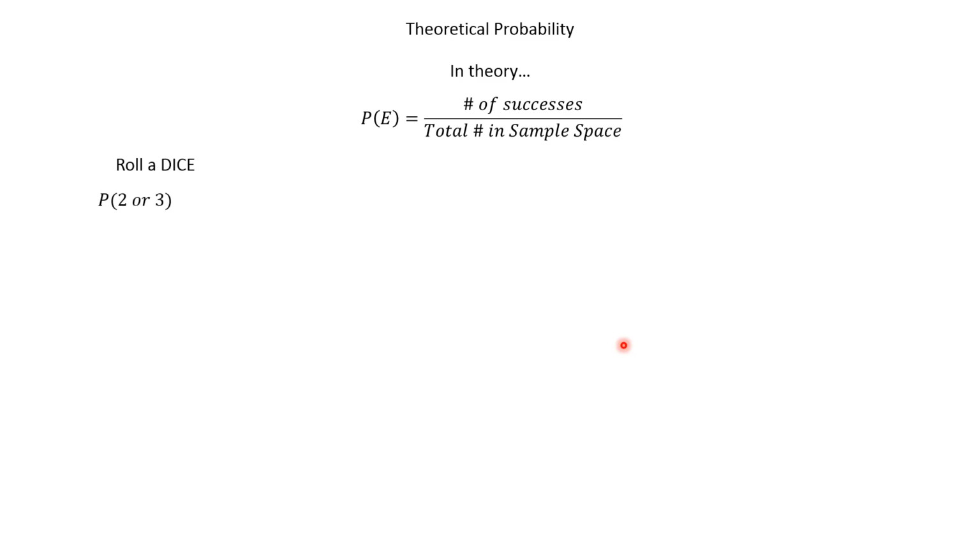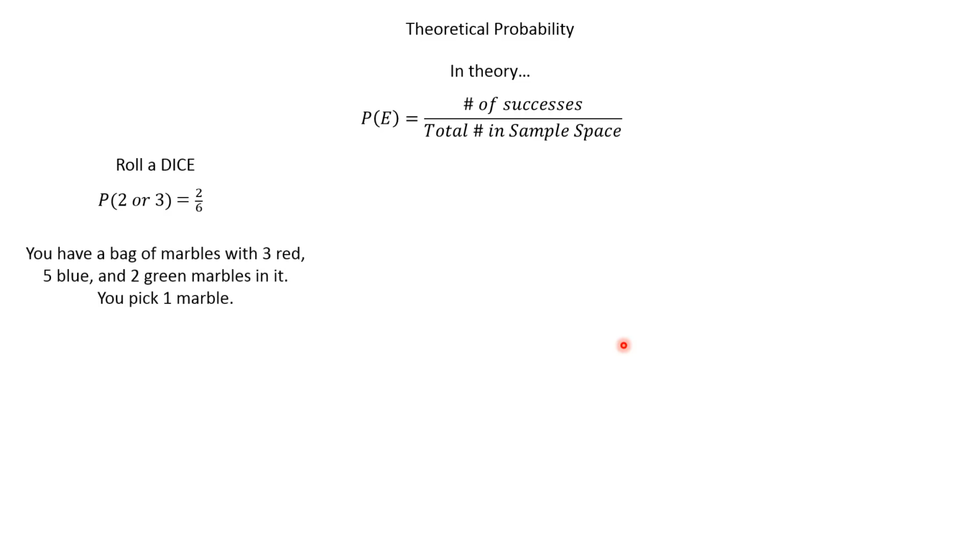What's the probability of getting a 2 or a 3? How many ways could we successfully get a 2 or a 3? That'll be 2 ways. We can get a 2 or we can get a 3. It's 2 divided by the total number of things that could happen, 6. So the probability is just 2/6, which, yes, does reduce to 1/3, and you can feel free to do so.